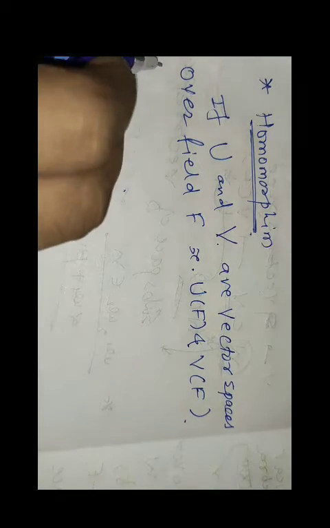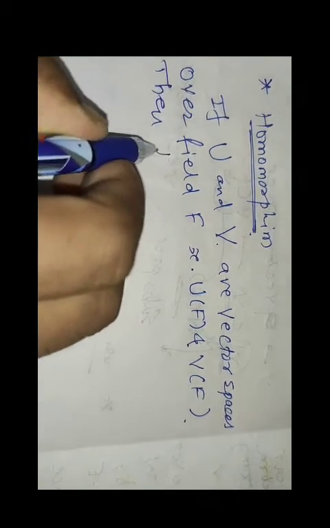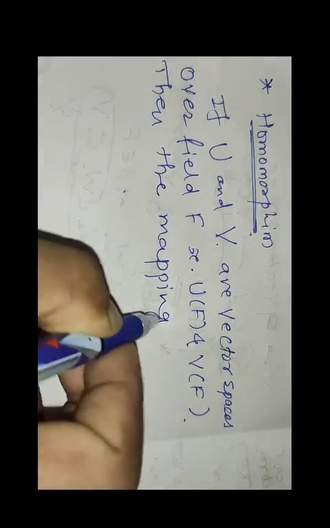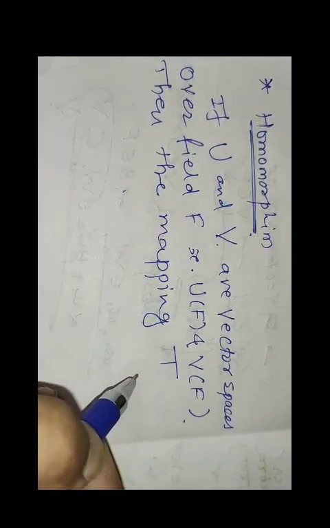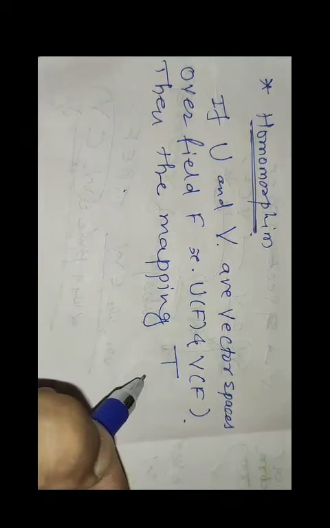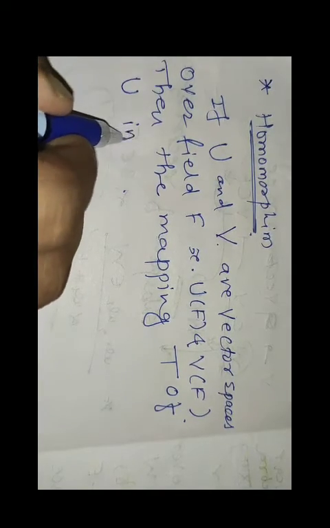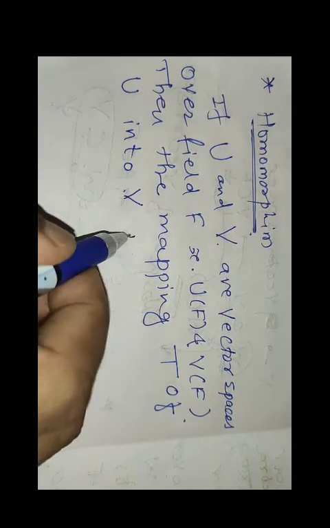Then the mapping T, we take here the mapping T of U into V, is said to be a homomorphism.